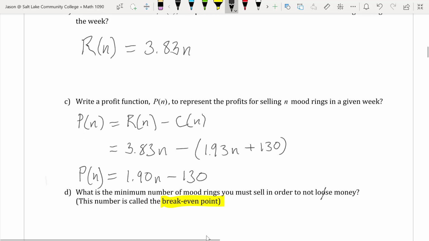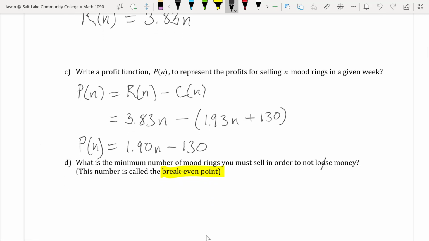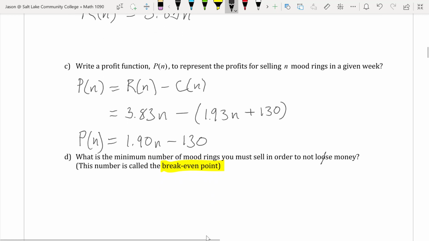Okay, part D. What is the minimum number of mood rings you must sell in order to not lose money? This number is called the break-even point. Okay, so what does n have to be in order for our profits to be between positive and negative? In other words, 0, right?